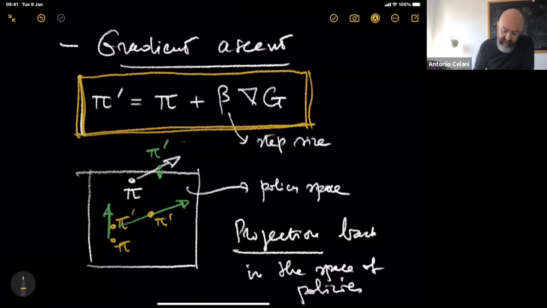So the distance in policy space depends on how large the gradient is. This is the first option.